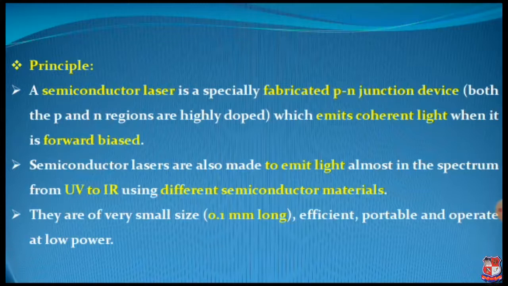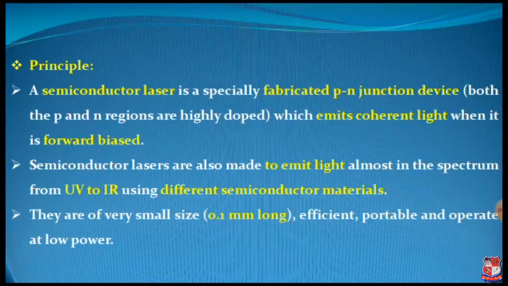Forward bias means the P region is connected to the positive terminal and the N region to the negative terminal. Semiconductor lasers are also made to emit light almost across the spectrum from UV to IR. In the upcoming lecture you will see the electromagnetic spectrum, where different regions are available like ultraviolet, visible, IR and microwave.